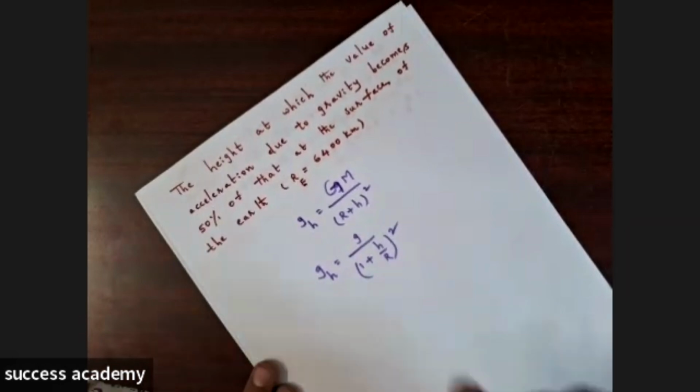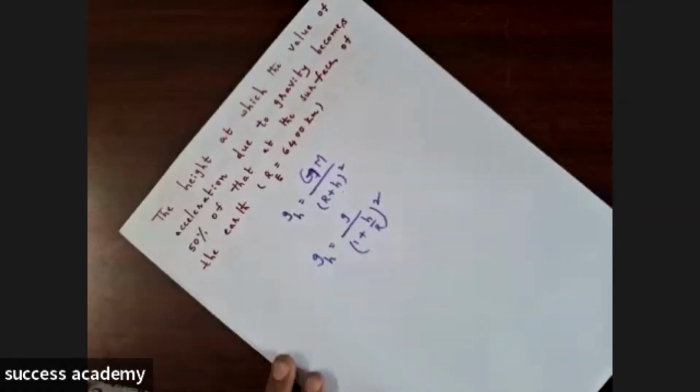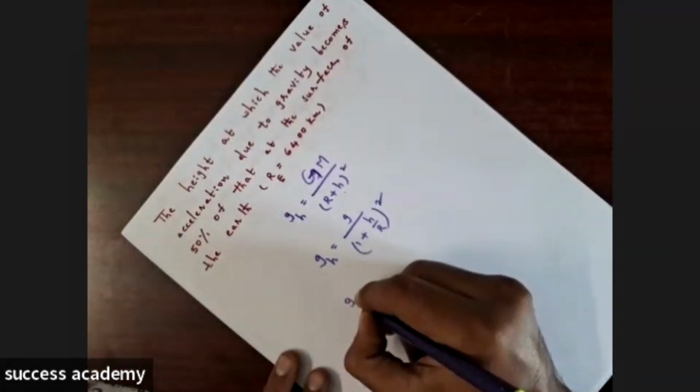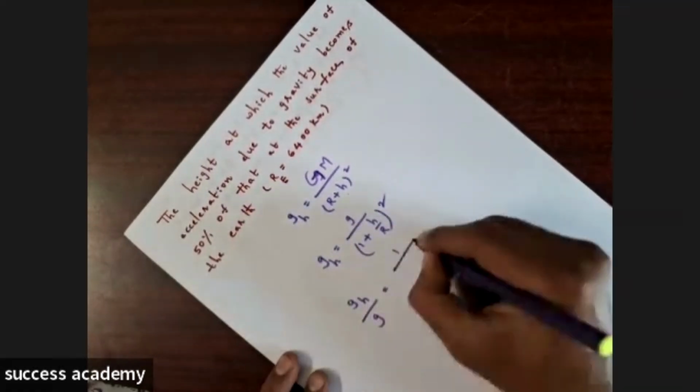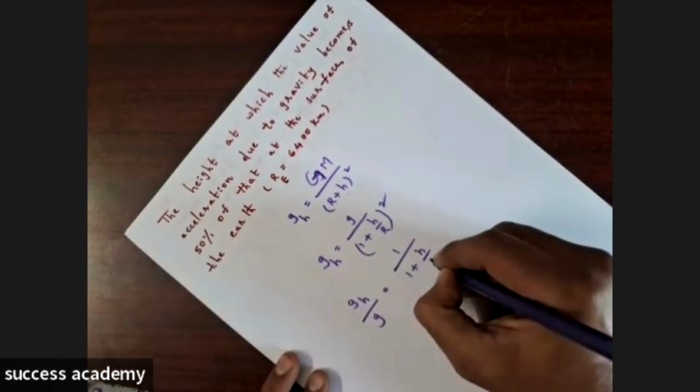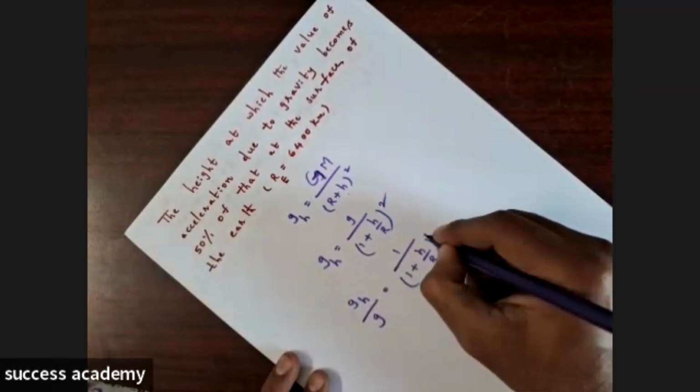Already I said this formula to you. gh is equal to g by (1 plus h by R) whole square. If you want to calculate the percentage change in case of height, use this formula. With that, gh by g is 1 by (1 plus h by R) whole square.